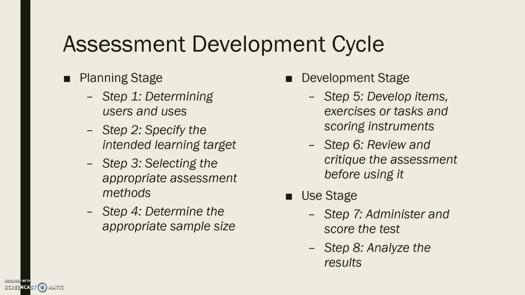Going back to our different steps, we have now completed steps 1 through 3. In step 4, we need to determine the appropriate sample size. One challenge of assessment is collecting enough relevant information to properly determine each student's achievement level without spending too much classroom time on assessment, because this takes away from instruction time.